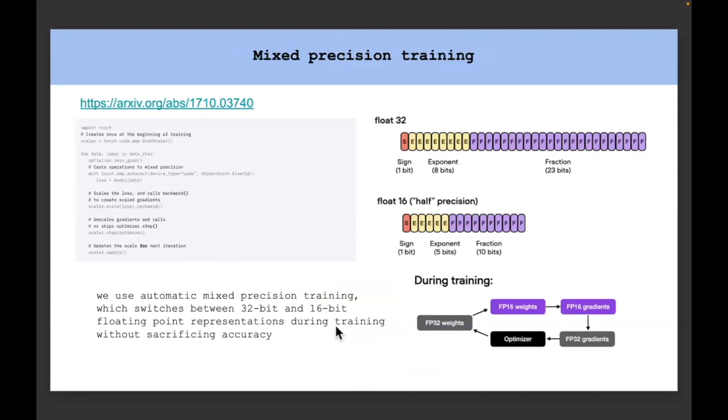And I will show you mixed precision training, one strategy. Instead of using the full precision number representation, it's possible to switch from floating point 32 to floating point 16 weights during the forward pass, and then for the back propagation move back to the normal precision.